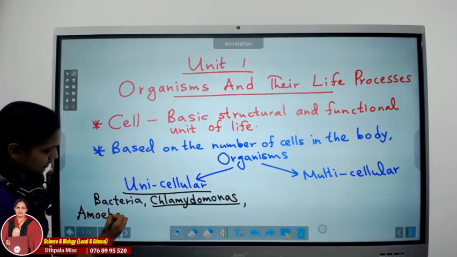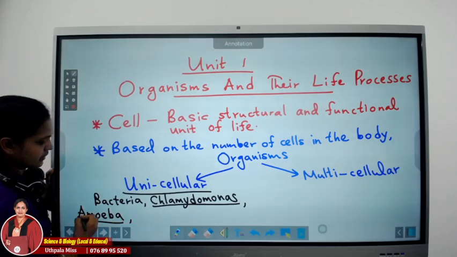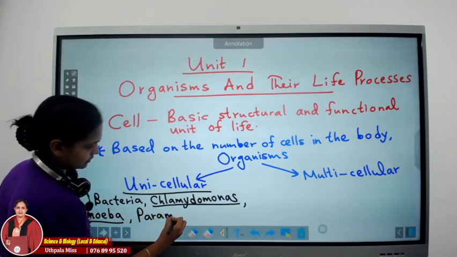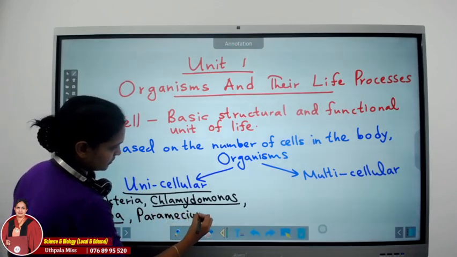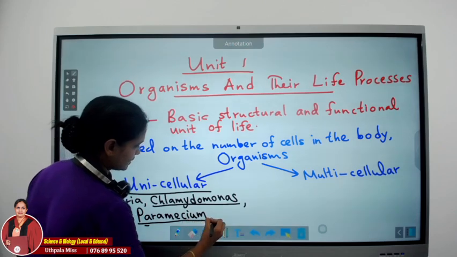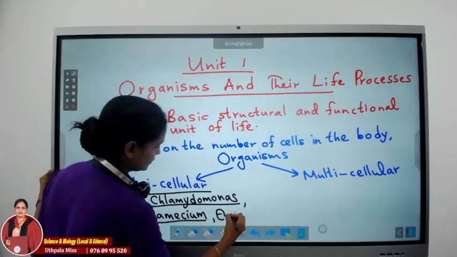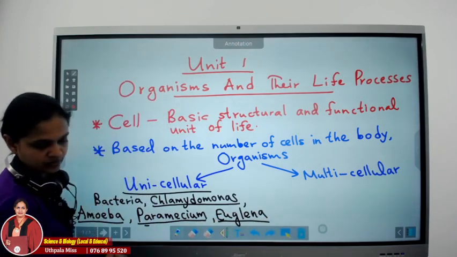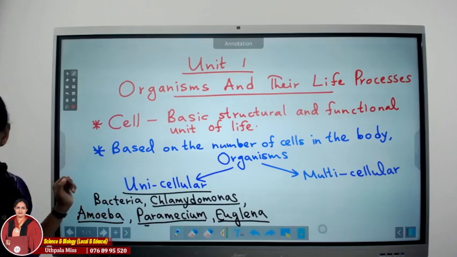There are different groups of organisms. Then paramecium, once again a protozoan, and another protozoan known as Euglena. These are some examples of unicellular organisms.